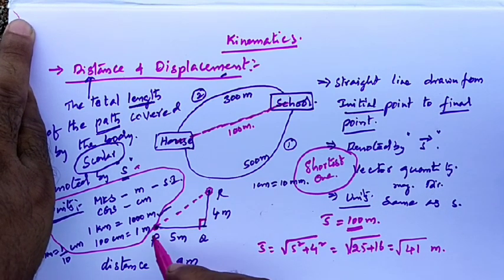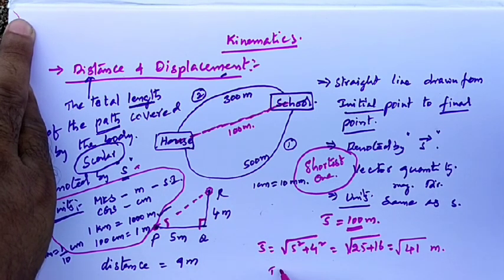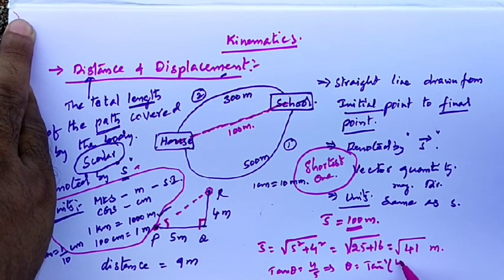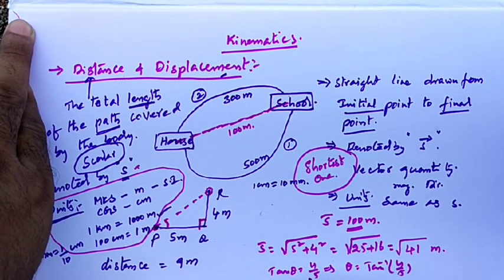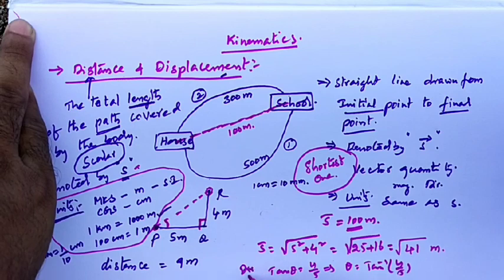If anyone asks what its direction is, we can calculate the angle. Here tan theta is equal to 4 by 5, so theta is equal to tan inverse of 4 by 5. This is the direction and that is the magnitude.